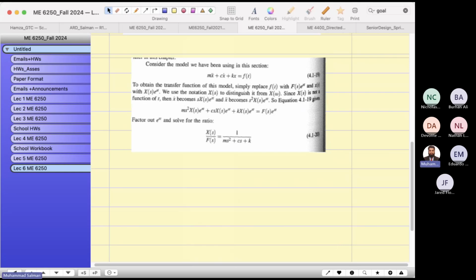Now, when we replace s by j omega, if you plug in j omega or i omega, it is the same thing.